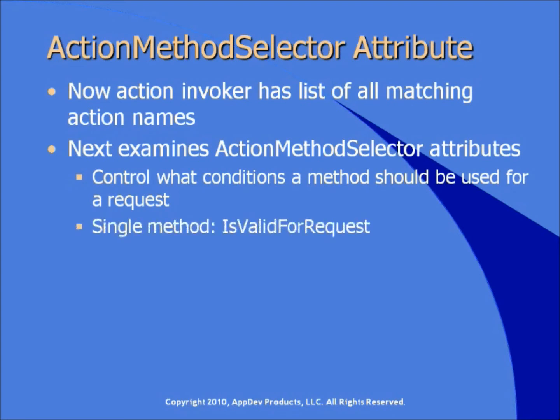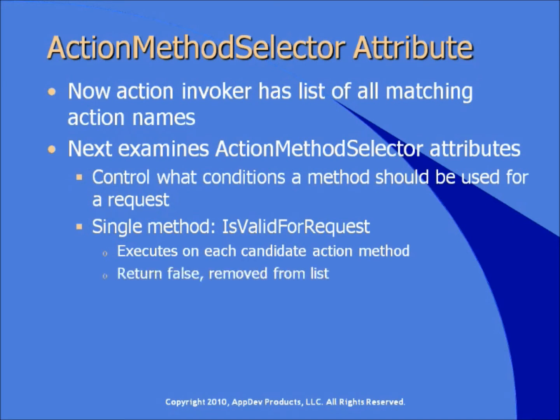The attribute defines only a single method, IsValidForRequest. The action invoker executes this method on each candidate action method. If IsValidForRequest returns false for a controller method, that method is removed from the list of candidate action methods.